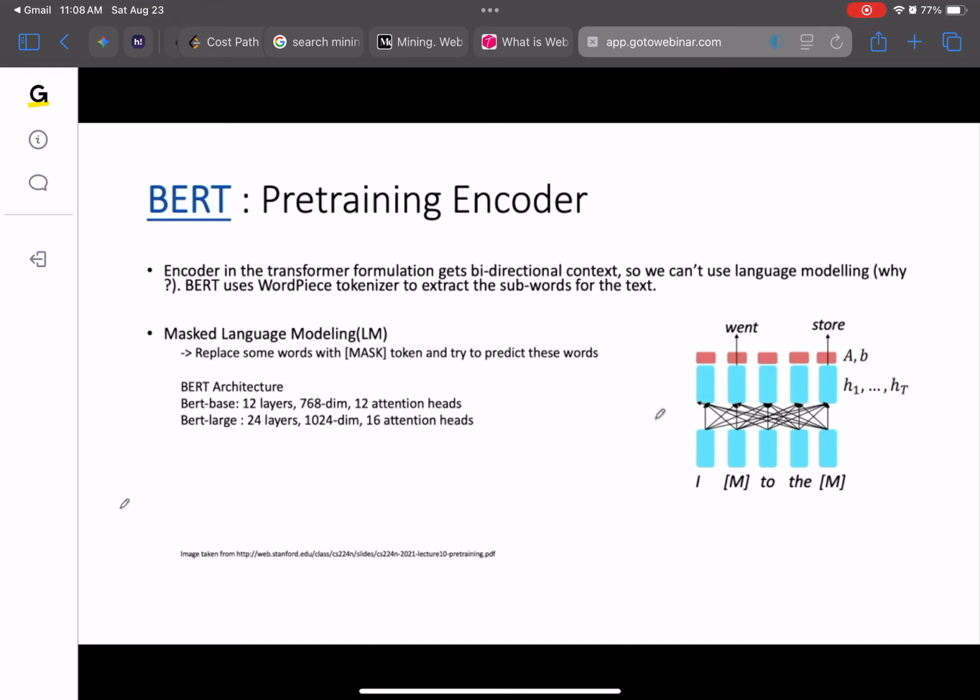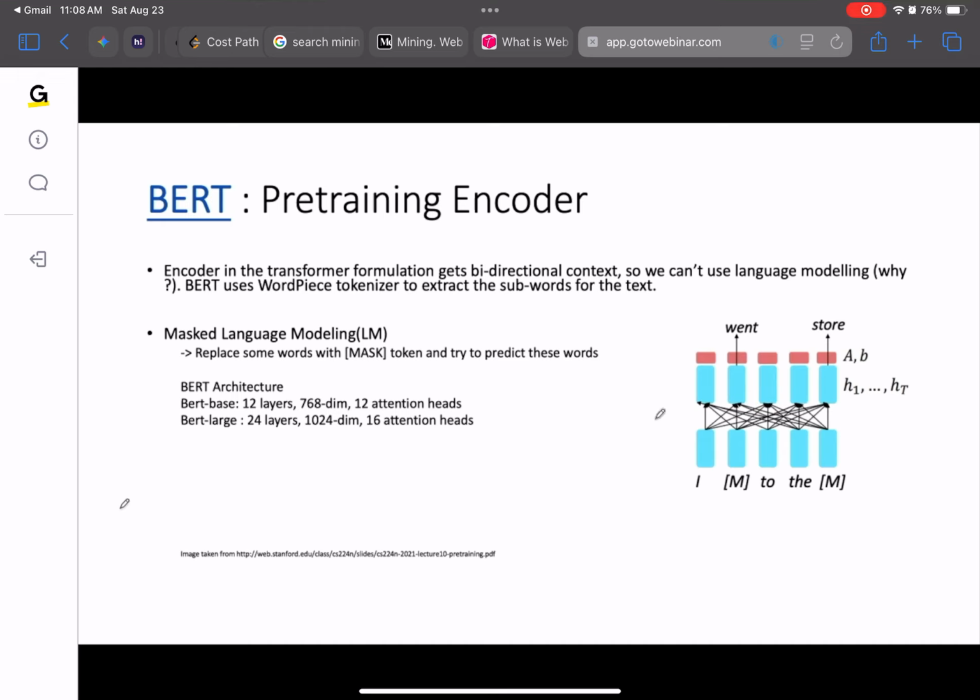Once again, there is a reason why language modeling cannot be used as a pre-training objective for the encoder. In bidirectional settings, when we try to use language modeling, there will be a stage where the input and output words would be the same. That's the reason language modeling cannot be used in a bidirectional context setting.